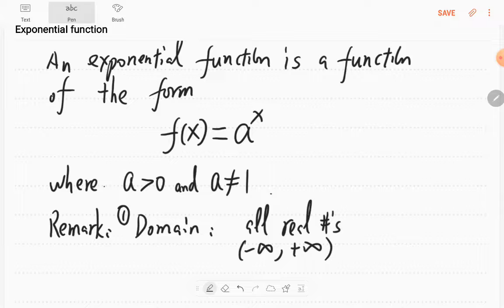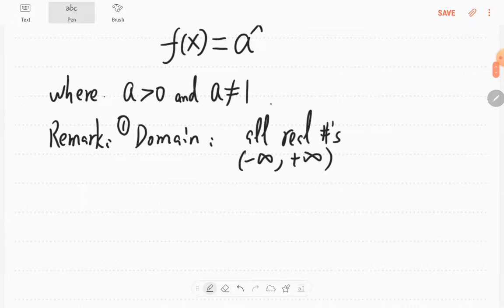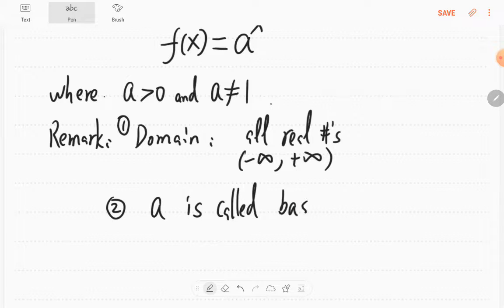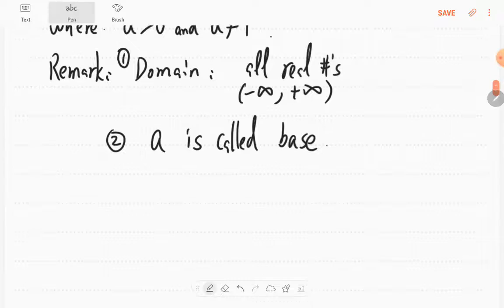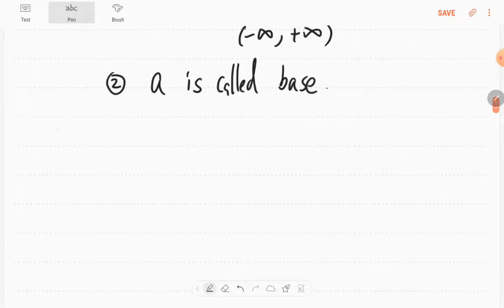You can plug in any x value. This a is called the base, a positive number not equal to 1. So now let's look at some graphs.